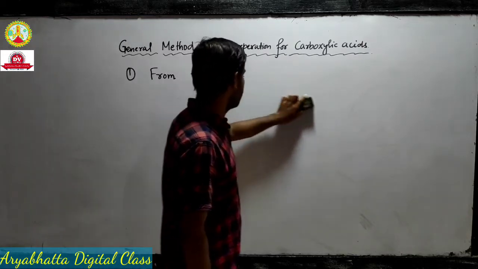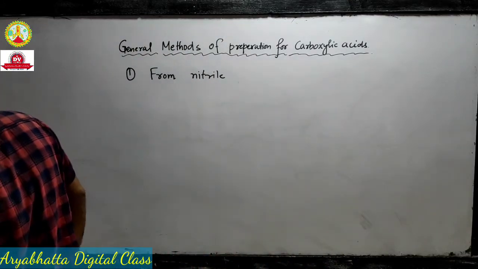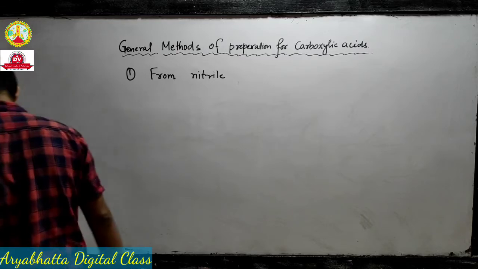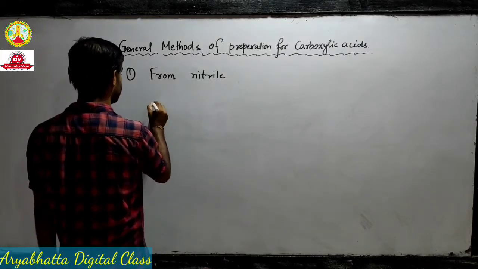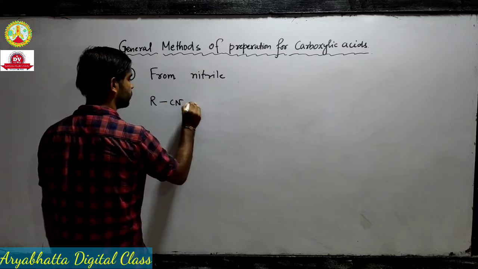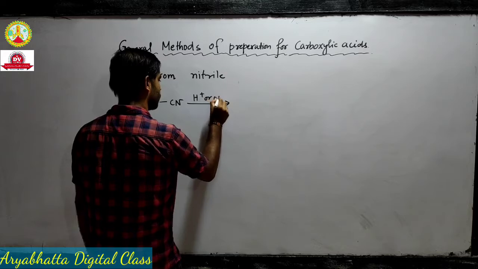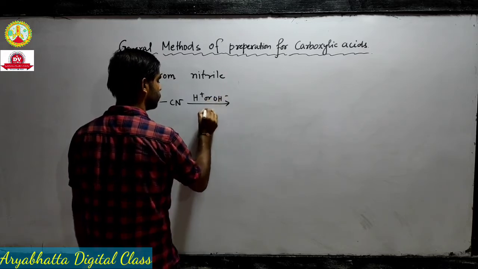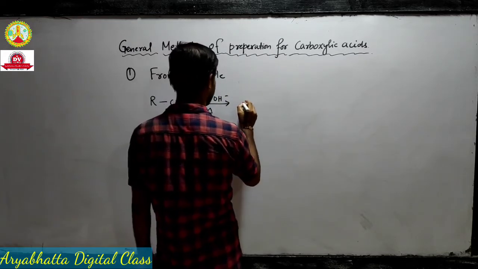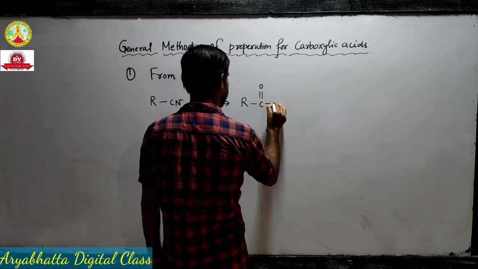But in our book we have a detailed reaction. So what are the steps? In the first condition we will use this, and what we will get? We will get amide.